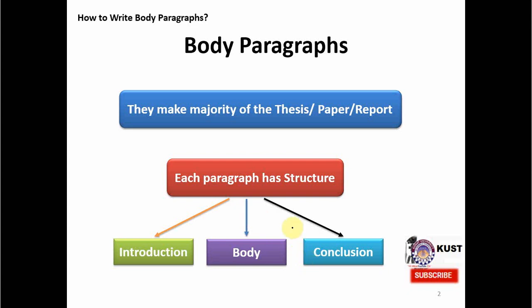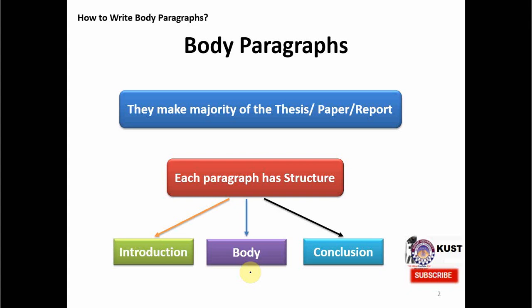At the end of this lecture, I will give you 2 examples of academic writing from the literature, where you can identify the introduction of the paragraph, the body of the paragraph, and then the conclusion of the paragraph. This way you can practice your body paragraphs for any academic writing, and can effectively convey the message you want to give to the audience in any paragraph.